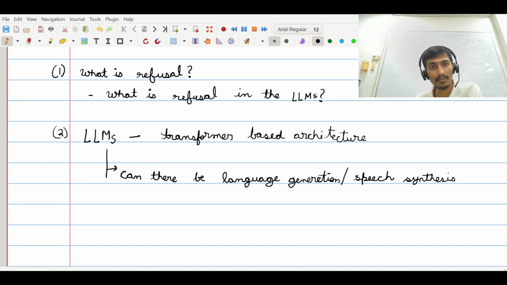Can there be language generation and speech synthesis models that are not based on a transformer architecture?